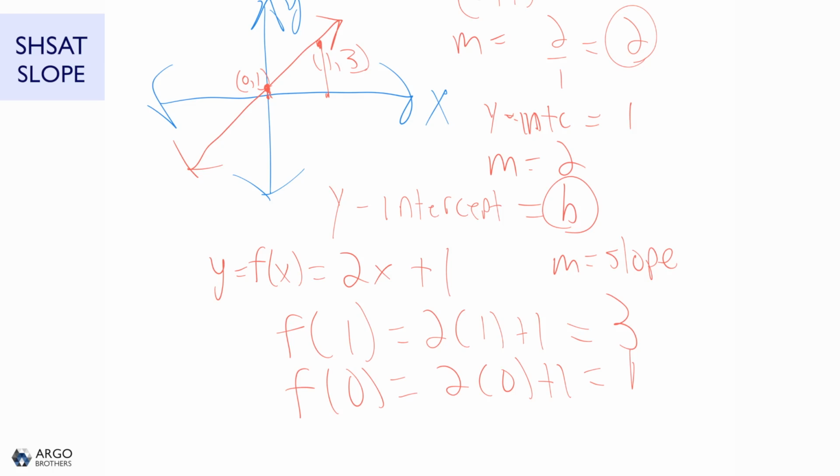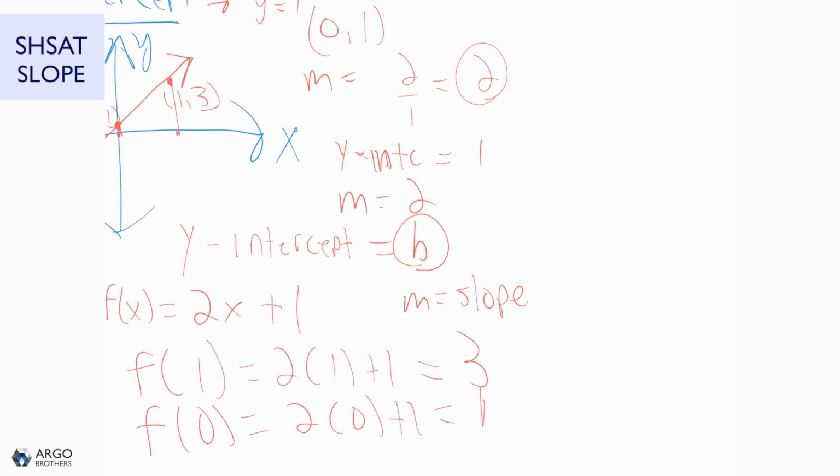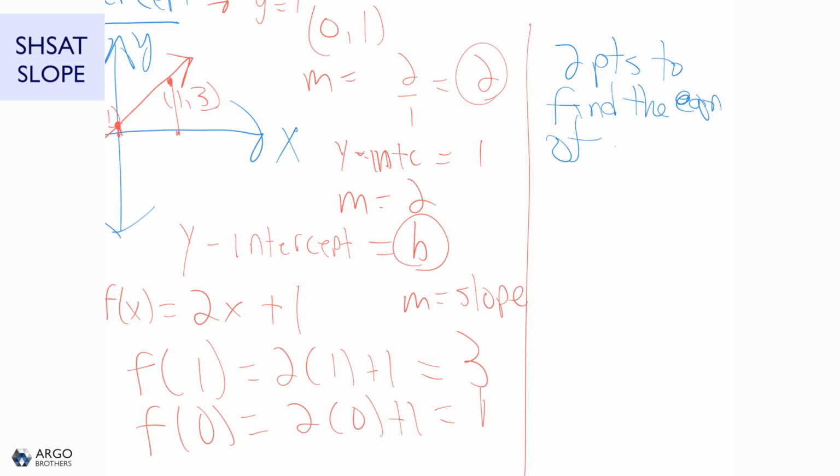Well, it turns out that all you need is 2 points. So I'll write this here. All you need are 2 points to find the equation of a line.